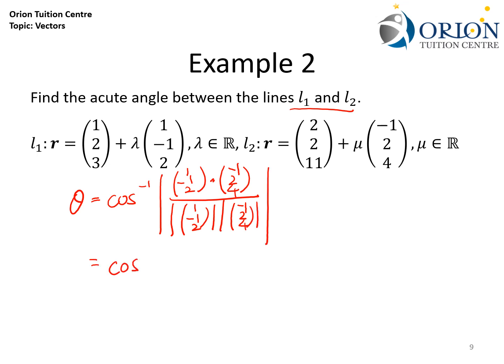This can be simplified into cos inverse of 5 over square root 6 times square root 21, and therefore just by pressing our calculator we should be able to get 63.54 degrees, or we should round it off to 1 dp, 63.5 degrees.